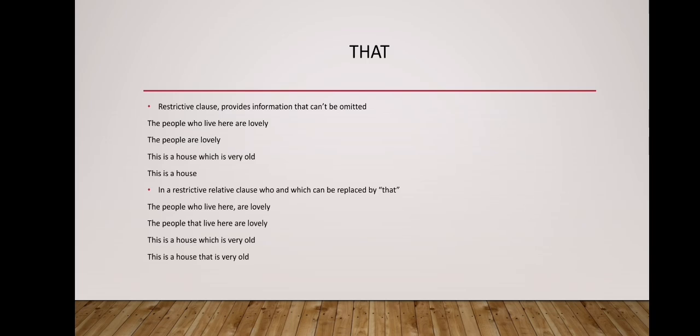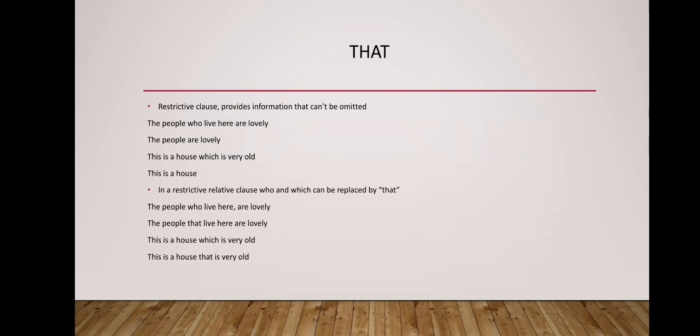A restrictive clause provides information that cannot be omitted. The people who live here are lovely. The people are lovely. This is a house which is very old. This is a house. Only provide information that we need.